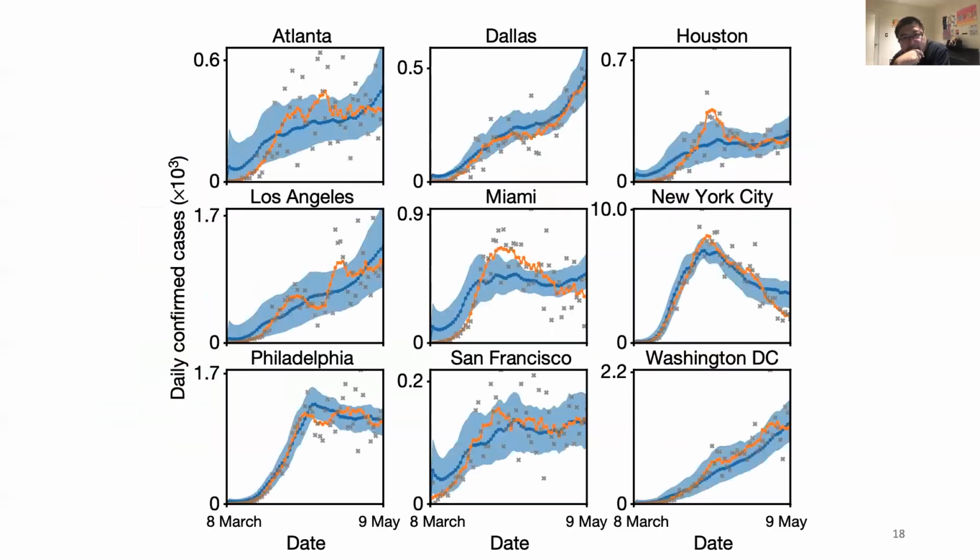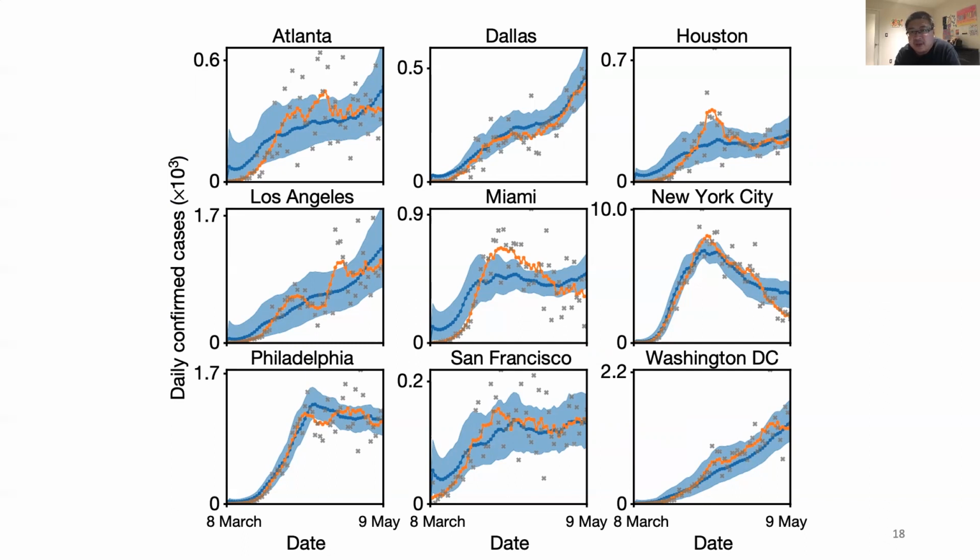And the authors fitted separate models to 10 of the largest US metro areas, and they modeled a total population of 98 million people. This figure shows 9 out of 10 metro areas. And the blue line represents the model predictions, and the gray crosses represent the number of daily reported cases.